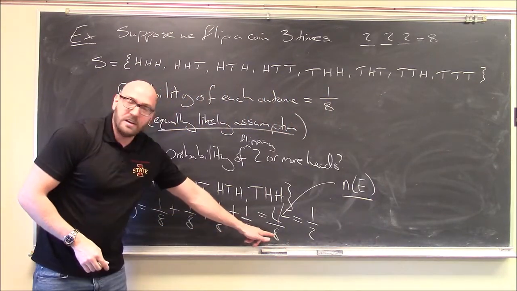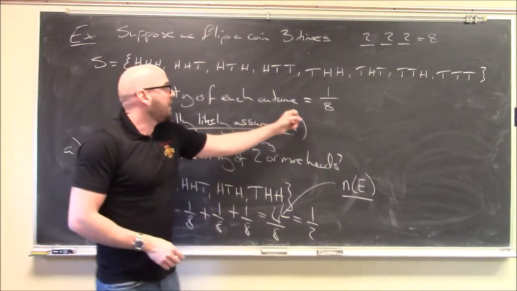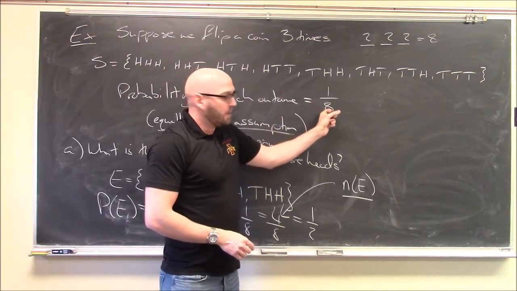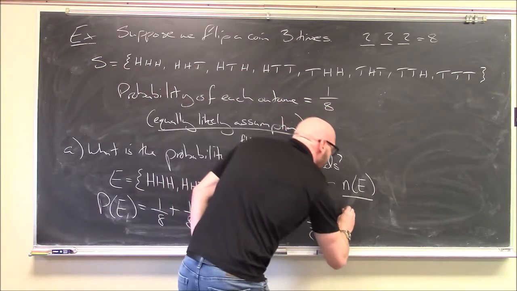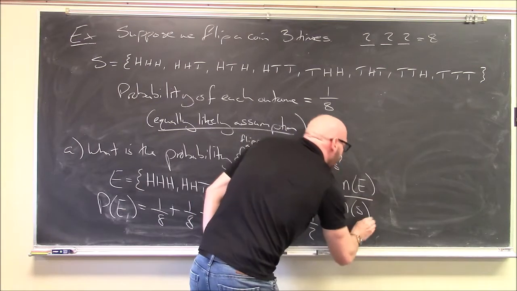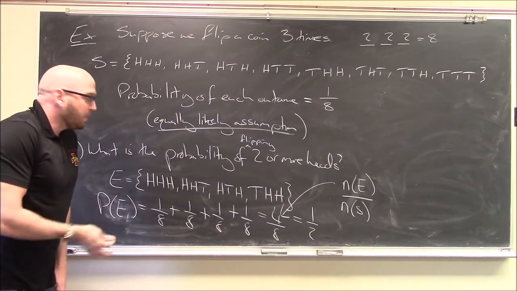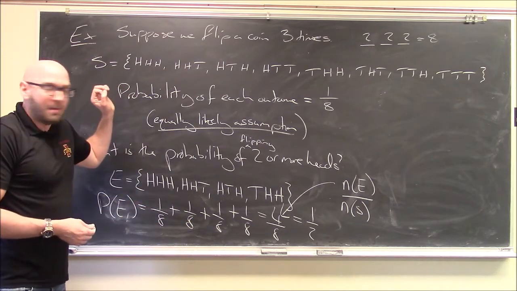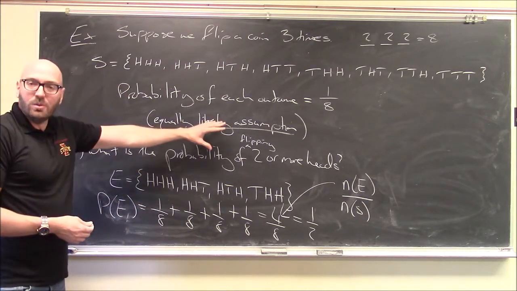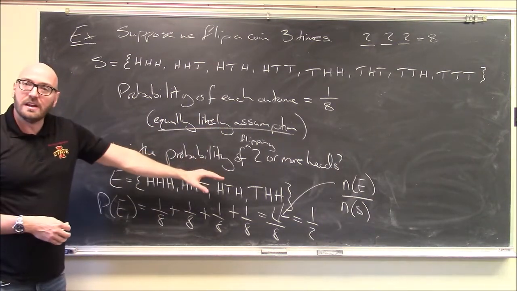And what is 8? How did I get 8? Well, because we assume the equally likely assumption, every outcome had a probability of 1 over 8, where 8 was the number of elements in the sample space. So this is just the number of elements in E over the number of elements in S. And this formula can save you some time. When you're working with a sample space where you've assigned this equally likely assumption, when you're finding the probability of an event, this is all you really have to calculate.